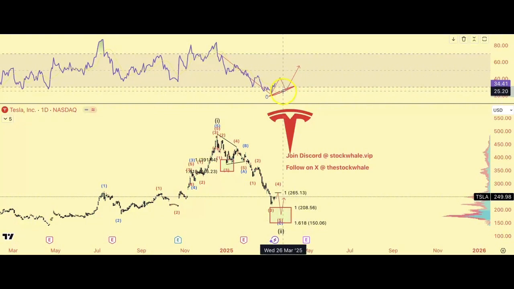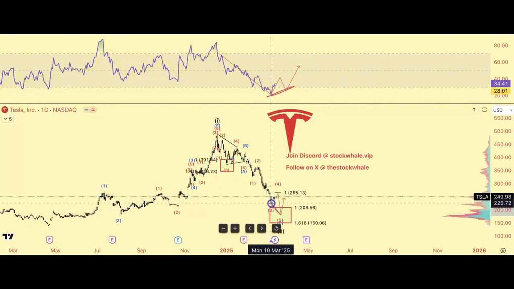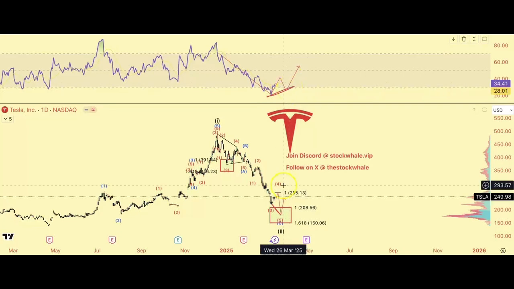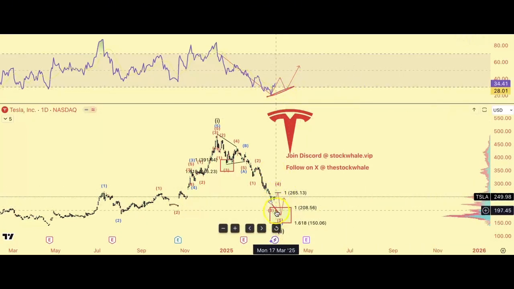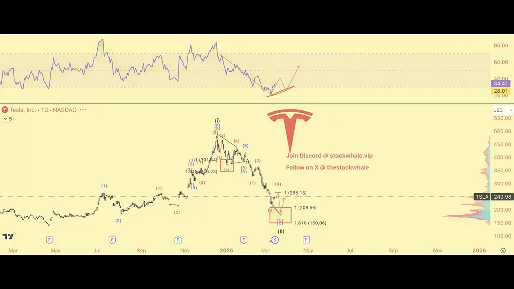So price is going down from the 3 to the 5, while the indicator is going up from the 3 to the 5. So this is basically saying that the sellers are being exhausted and the bulls are starting to come in and try to defend that buy zone between 208 to 150 on Tesla. Okay, and that's what we would love to see.